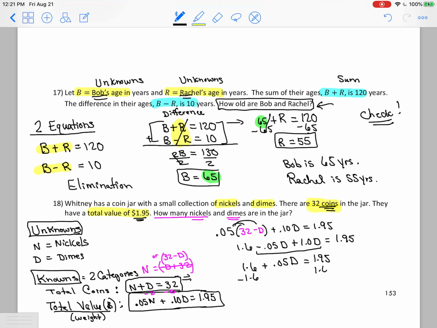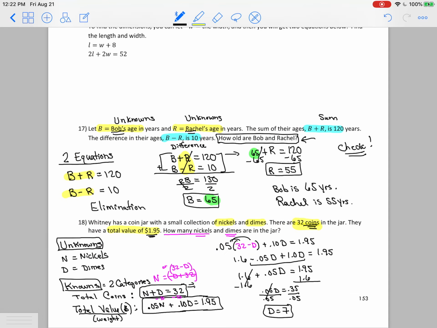And let's subtract our 1.6 from both sides. 1.95 minus 1.6 is going to give me 0.35. This is kind of icky because we have a bunch of decimals, but you guys can use your calculators, no problemo. Okay, so we have d is equal to 7.